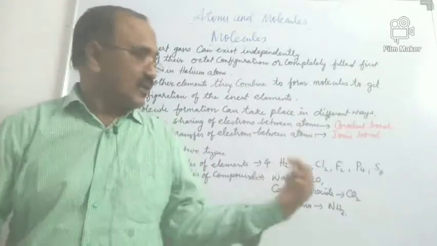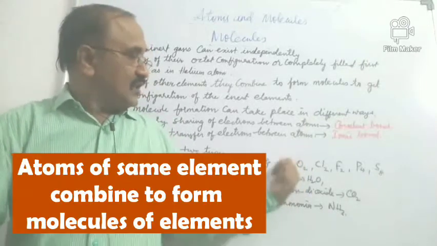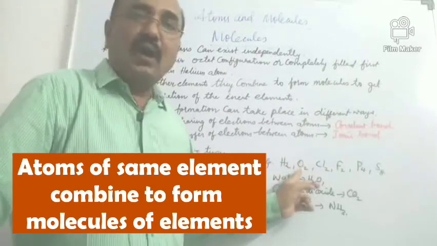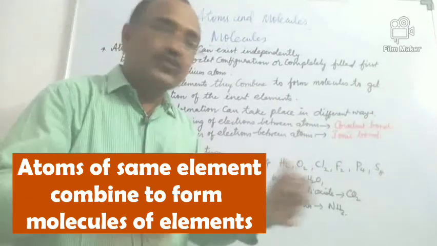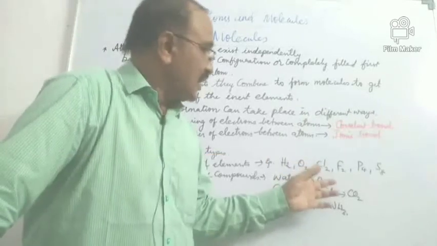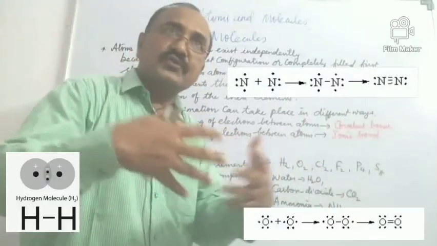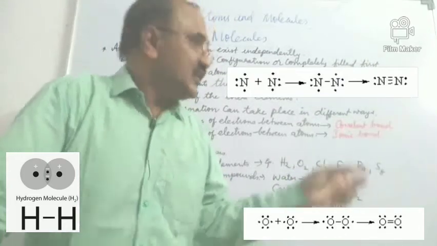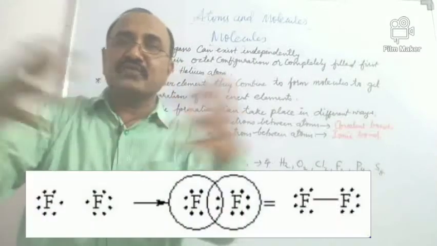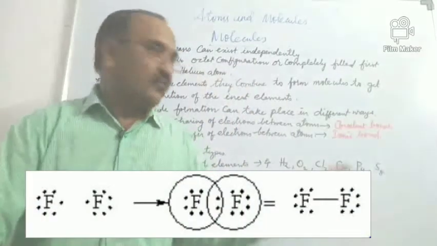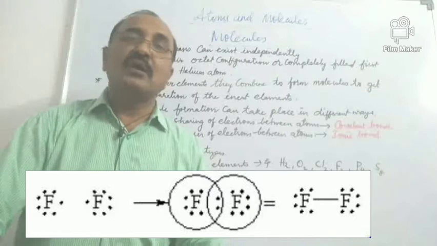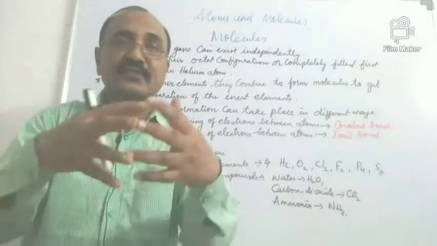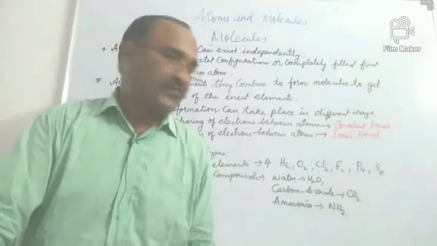Like you can see, children, there is the hydrogen molecule consisting of 2 atoms of hydrogen, the oxygen molecule formed by combination of 2 atoms of oxygen, chlorine formed by combination of 2 atoms of chlorine, and fluorine and phosphorus. You can see that in phosphorus there are 4 atoms combining to form 1 molecule of phosphorus, and similarly sulfur consists of 8 atoms combining to form 1 molecule of sulfur.